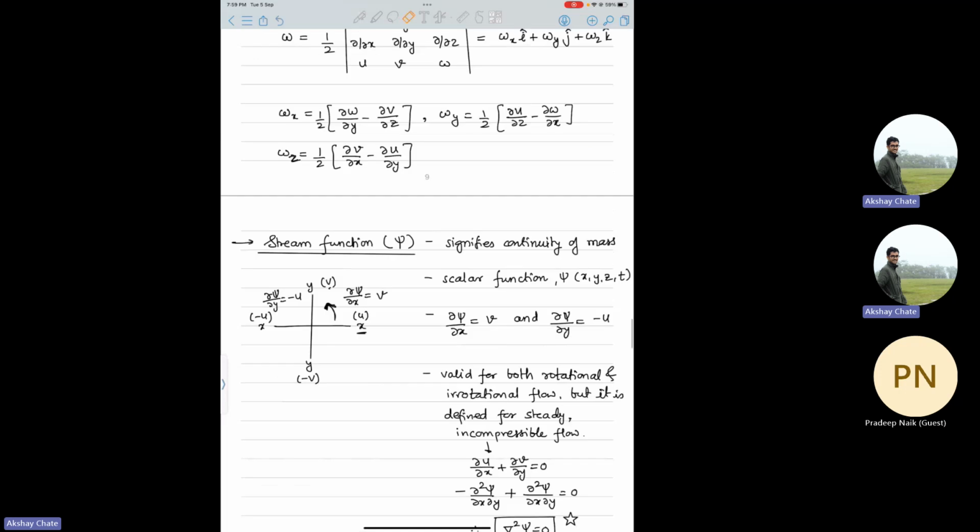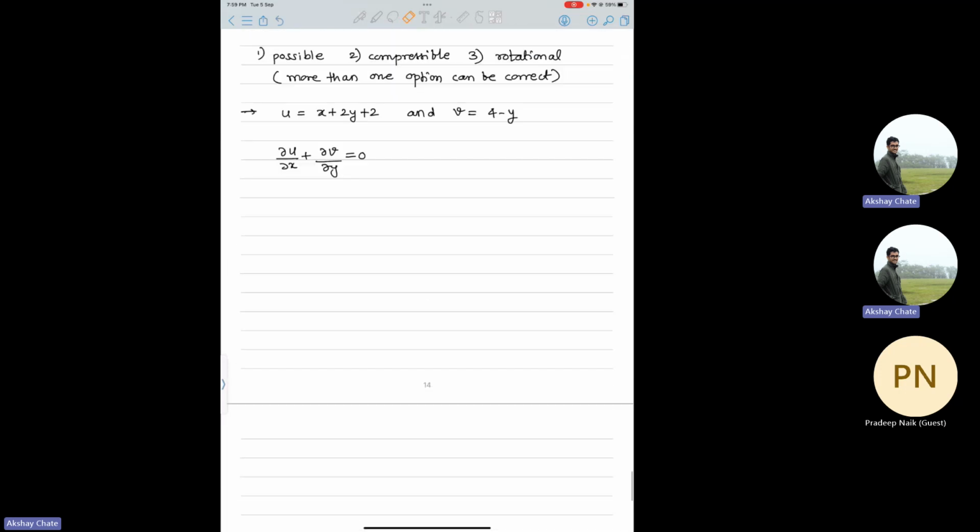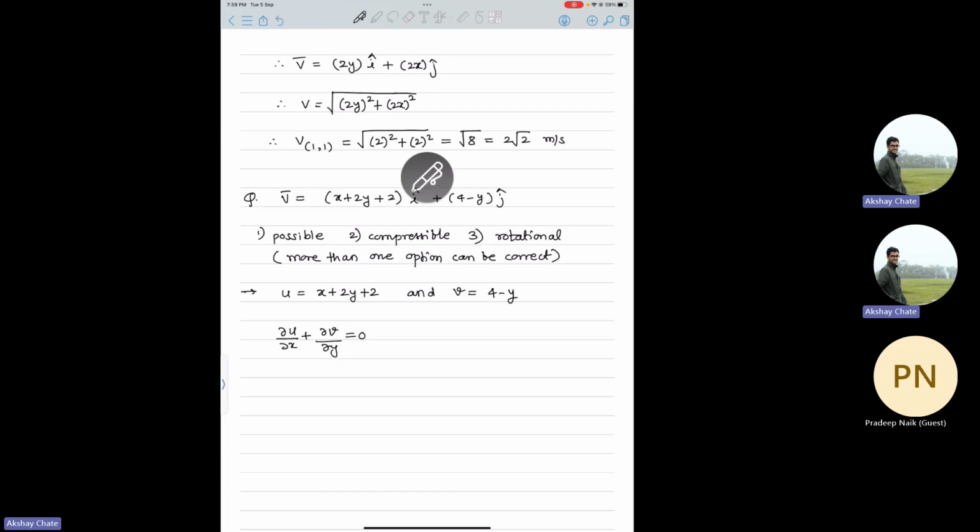One second. I am actually contradicting my own teaching. First, you can check the validity of Laplace of psi. If that comes to 0, that means it is a valid function.